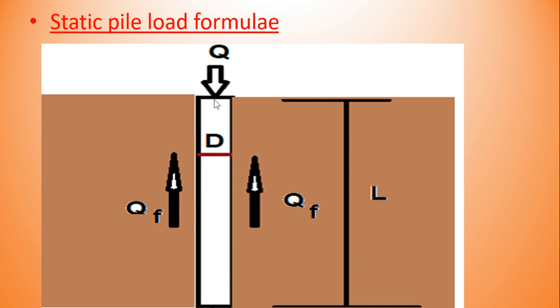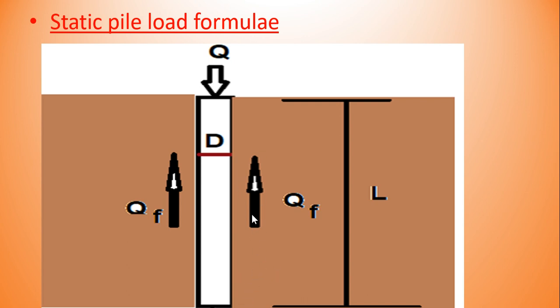As the load at the top is increased, the friction load distribution will extend more and more towards the tip of the pile till at a certain load level the entire length of the pile is involved in generating the friction resistance.